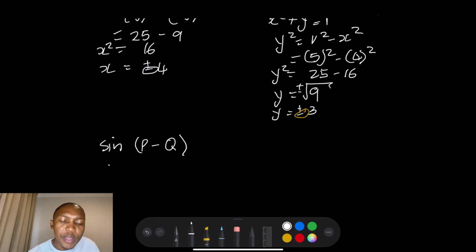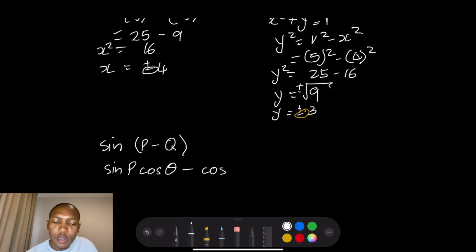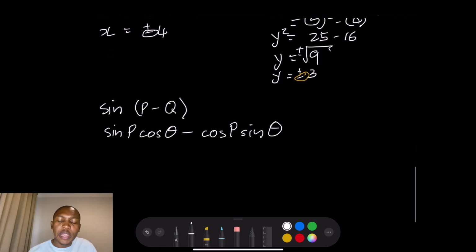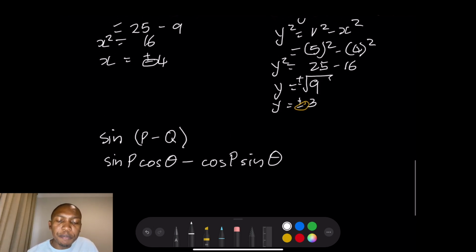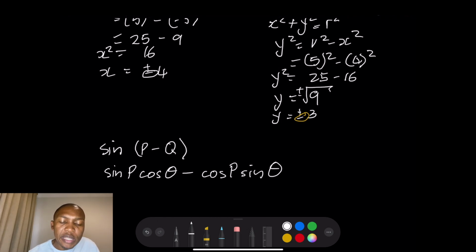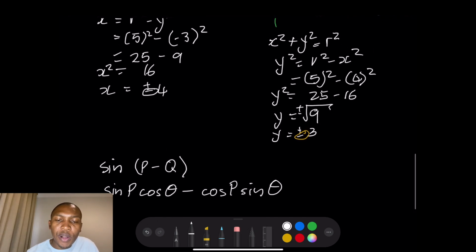Remember our compound formula for sine of P minus Q. We would have sine P cos Q minus cos P sine Q. All right, now let's find that quickly. Sine of P, remember what is sine? That's y over r.